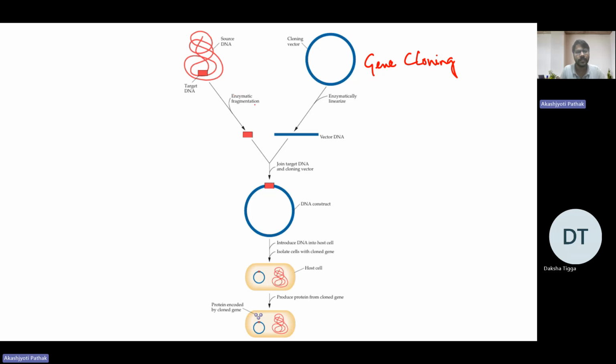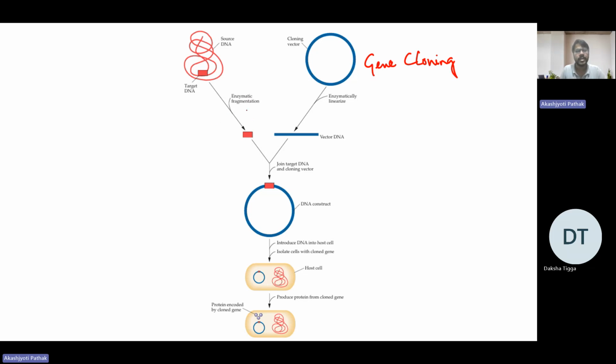So you do enzymatic fragmentation. We saw how we can isolate the genomic DNA and how we can get the target DNA from the genomic DNA. We covered these topics in the earlier sessions.